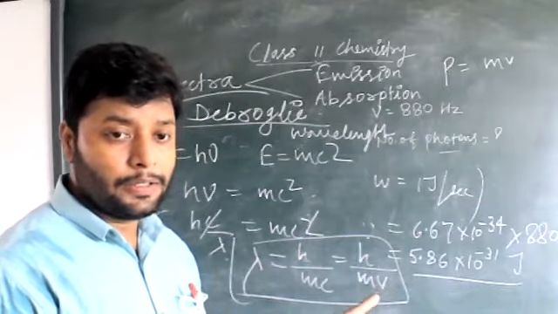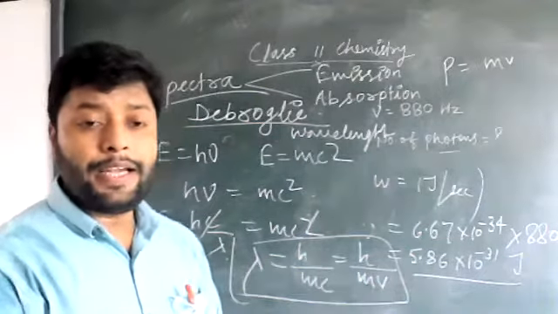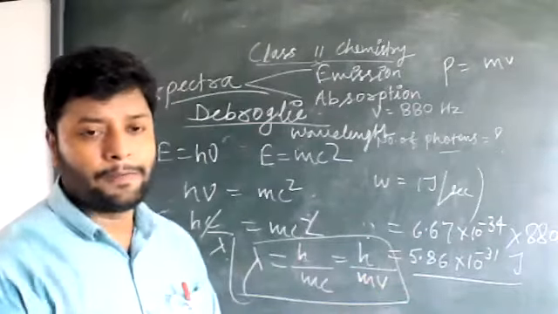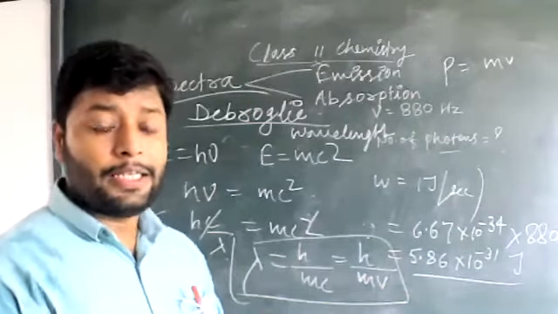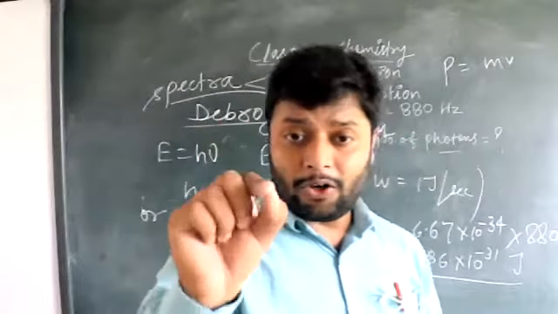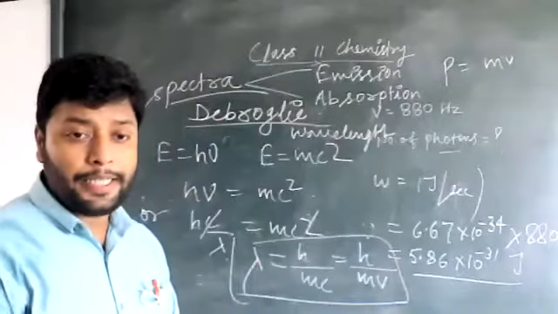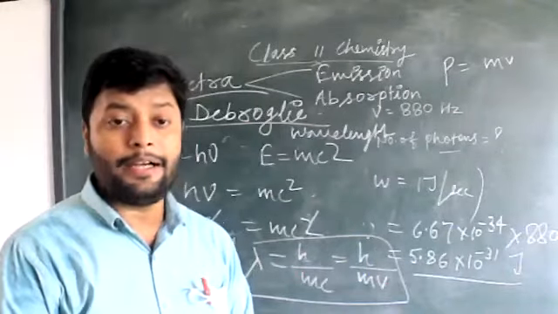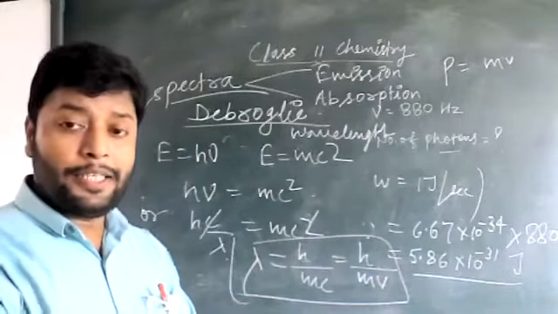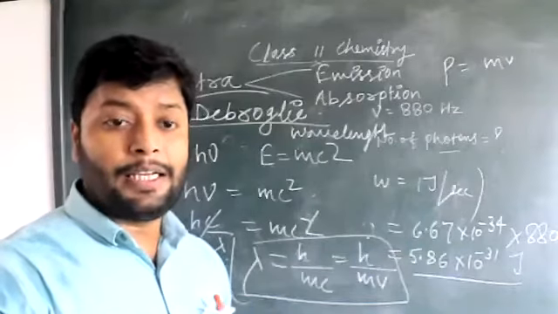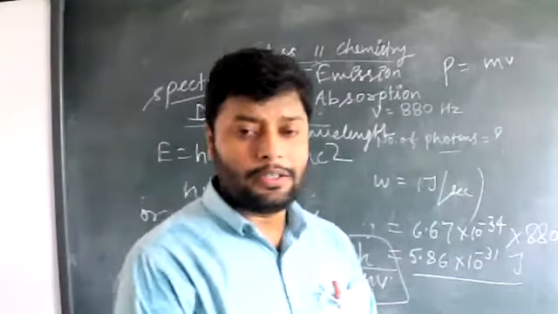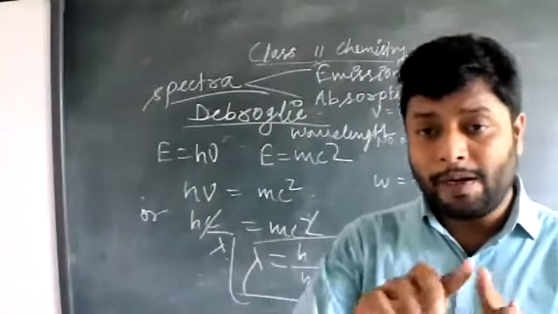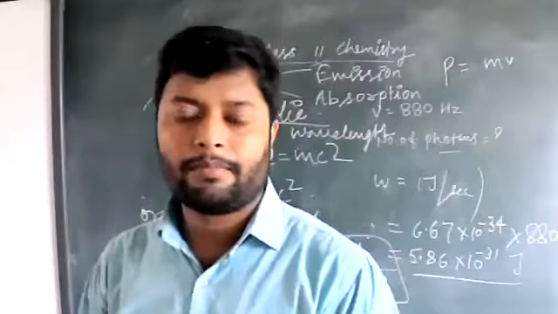We can relate mass and velocity together with lambda, and you can calculate the numericals given in your NCERT book. If we take a macroscopic body, a normal mass like 100 gram, and a particle like an electron having a very negligible mass, what will be the value of lambda?